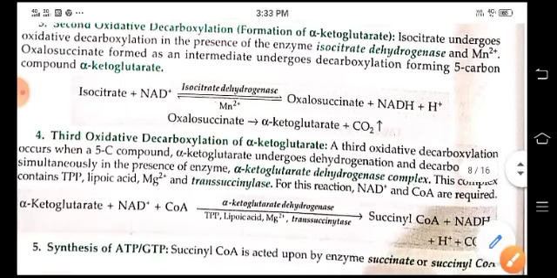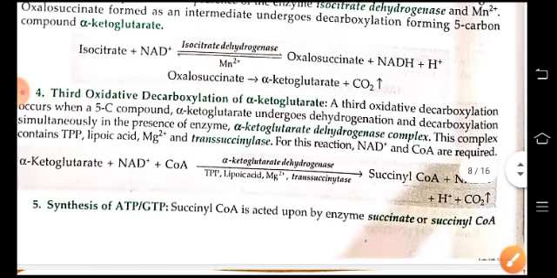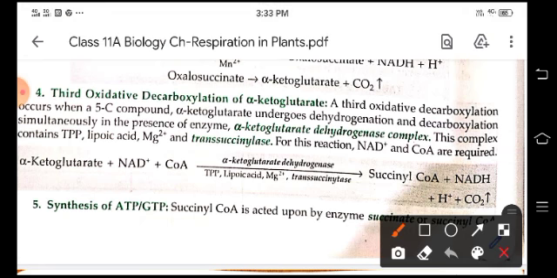Now again the third step of oxidative decarboxylation, of alpha ketoglutarate, takes place. The 5-carbon compound alpha ketoglutarate undergoes dehydrogenation and decarboxylation simultaneously in the presence of enzyme alpha ketoglutarate dehydrogenase complex.